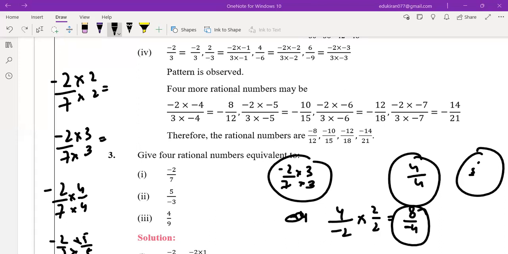Ma'am, equivalent numbers are like minus 2 by 7 into 2, and then the denominator will also be 2. After 2 we can do 6 also, but we have to do in order? It's your choice. No need to follow any order. The only thing which you have to follow is the numerator and denominator should be multiplied by the same number. That's it.